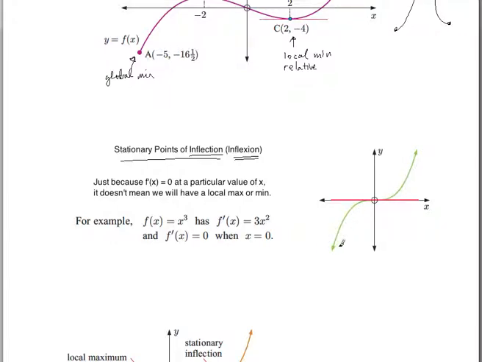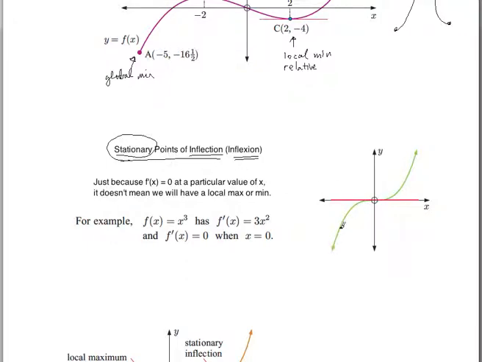We call this stationary because later on we'll talk about what a non-stationary point of inflection is, but for now, know that a stationary point of inflection has a derivative equal to 0.